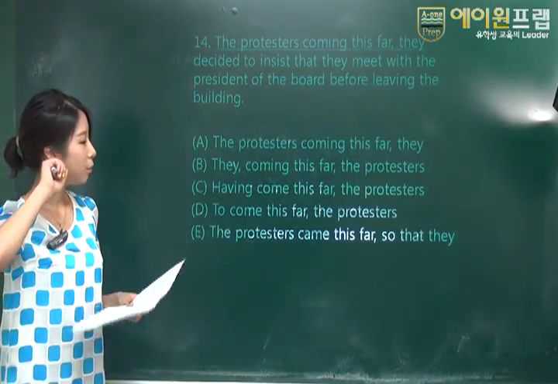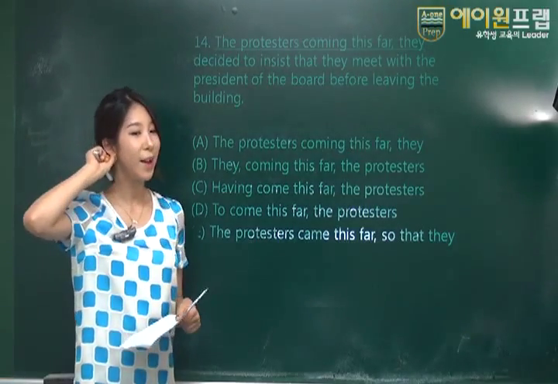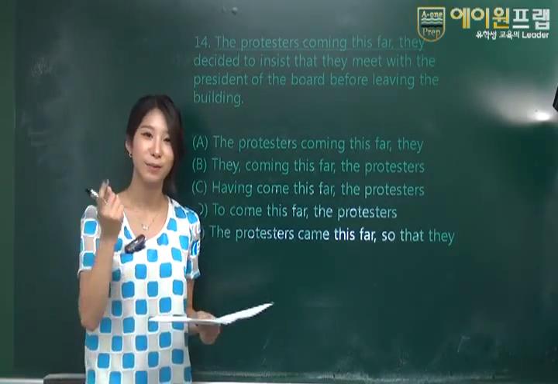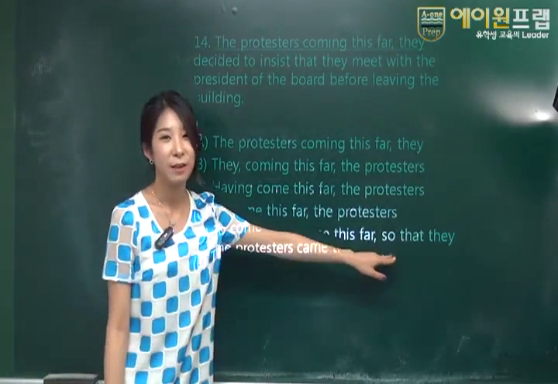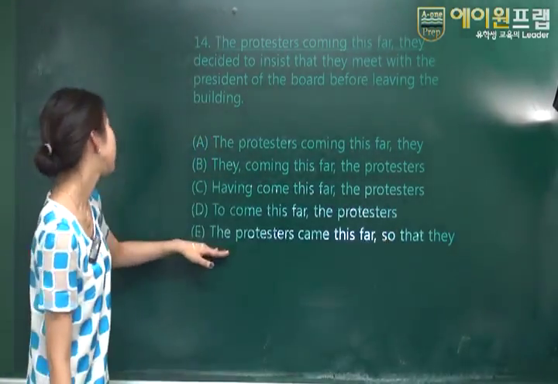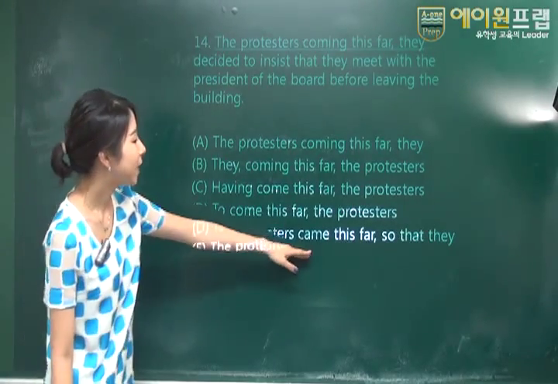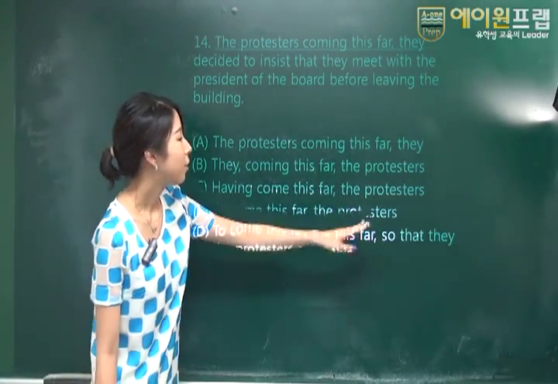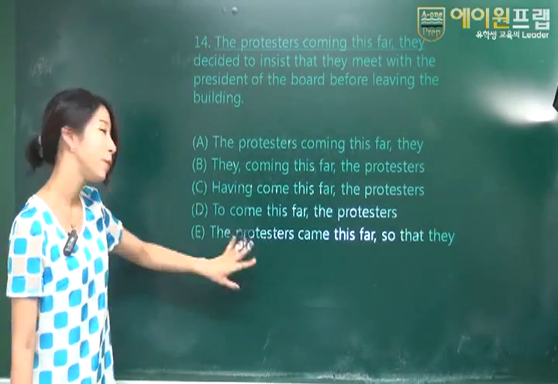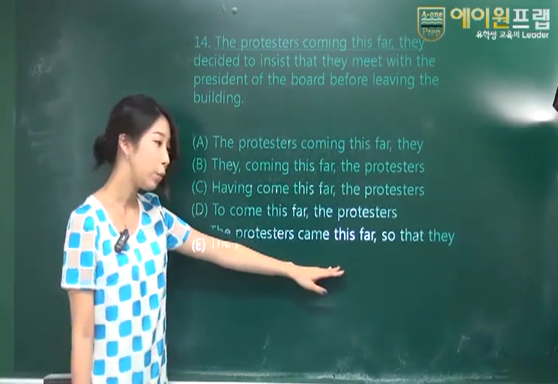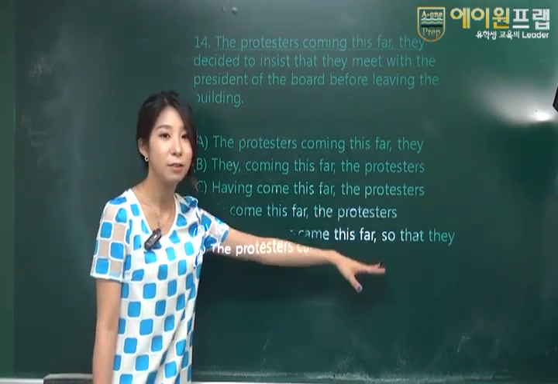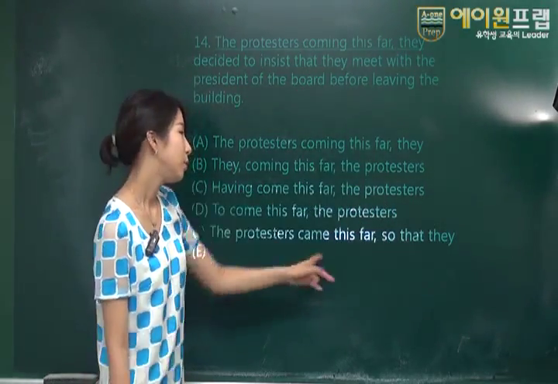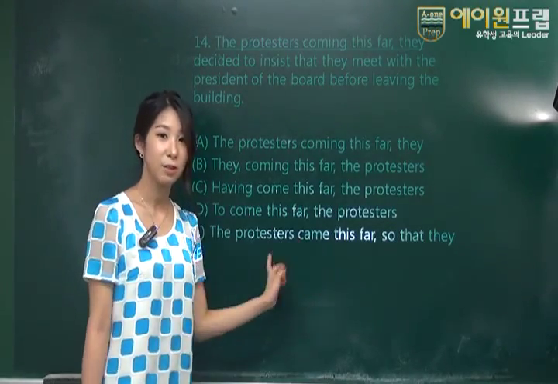I'm so full so that I can't eat anything, for example. Sorry, that's a lame sentence example, but anyway, you know when we have to use so that. So in this case, the protesters came this far so that they decided, no, just like D, they came here anyway, and then before they leave, they suddenly decided to see the president. So the tense is wrong.